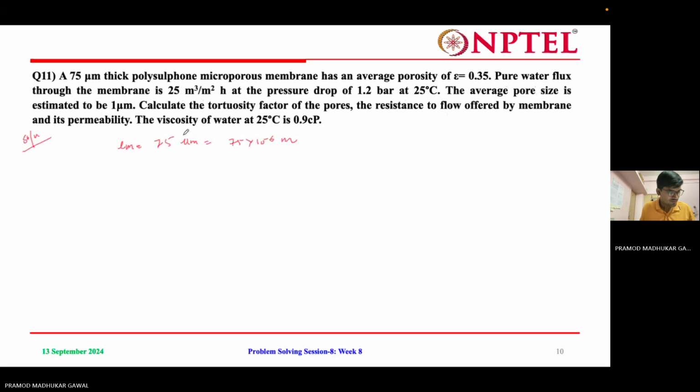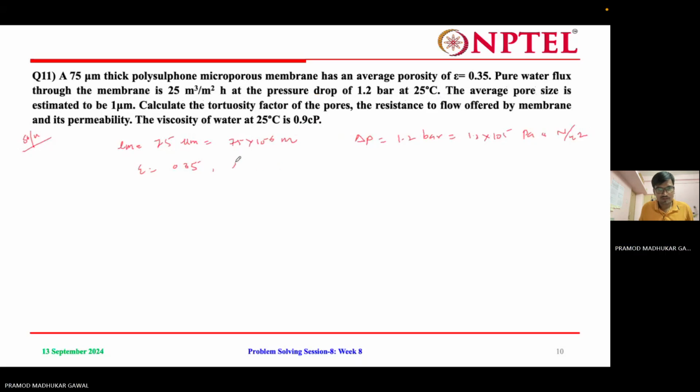Then the membrane porosity, average porosity, which is epsilon, 0.35, right? Delta P is 1.2 bar. Convert into pascal. So 1.2 into 10 to the power 5 pascal or Newton per meter square.